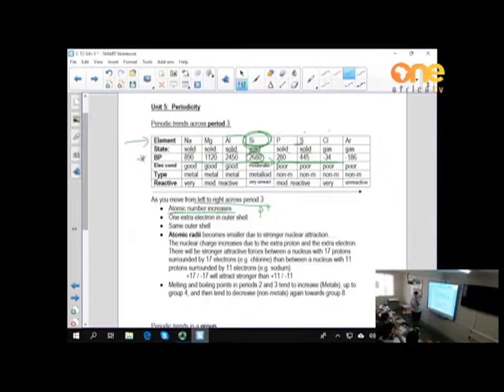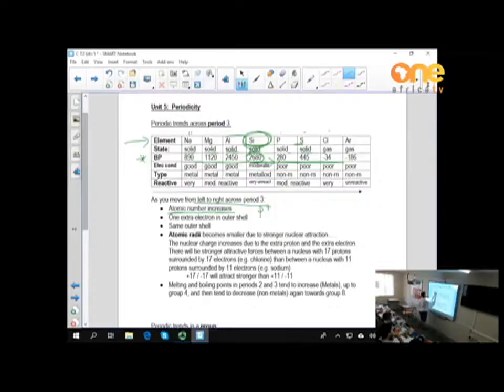Okay? The nucleus is positive. It attracts the electrons. Now, if I have a more positive nucleus, what's going to happen to the attractive force on the electrons? It's going to be stronger. Okay? But can it pull it out of its shell? No. So what we find, as we go across the periodic table, the atomic number increases.